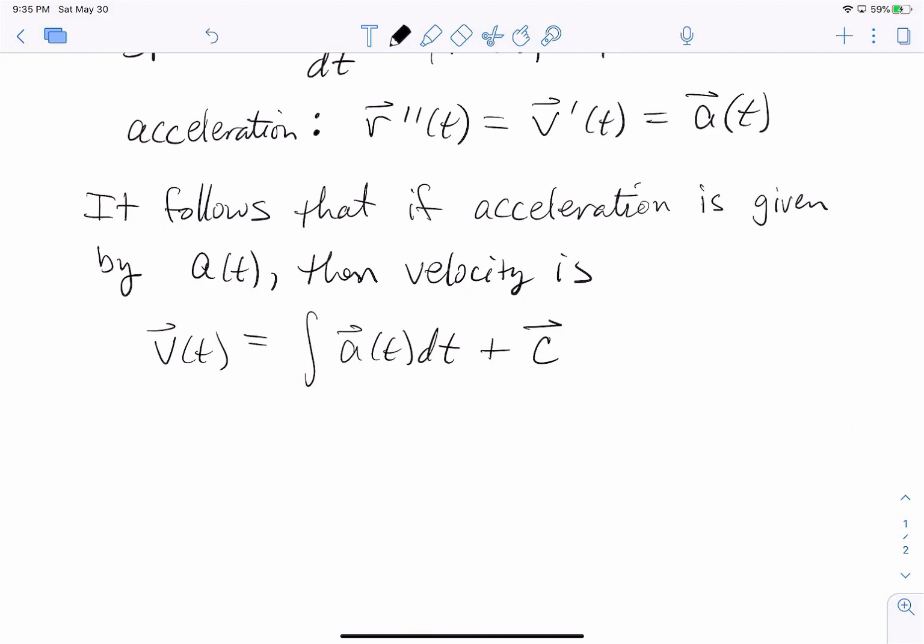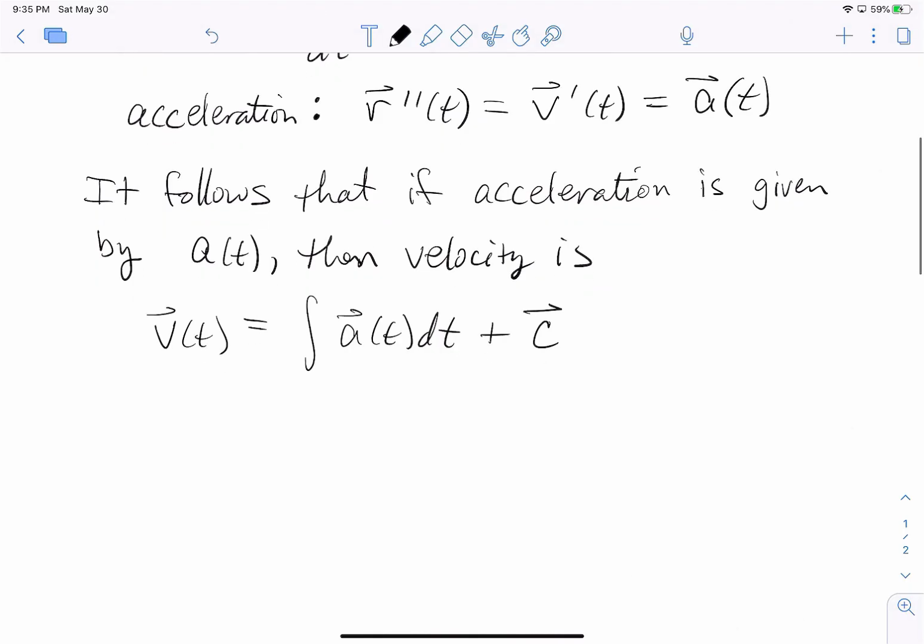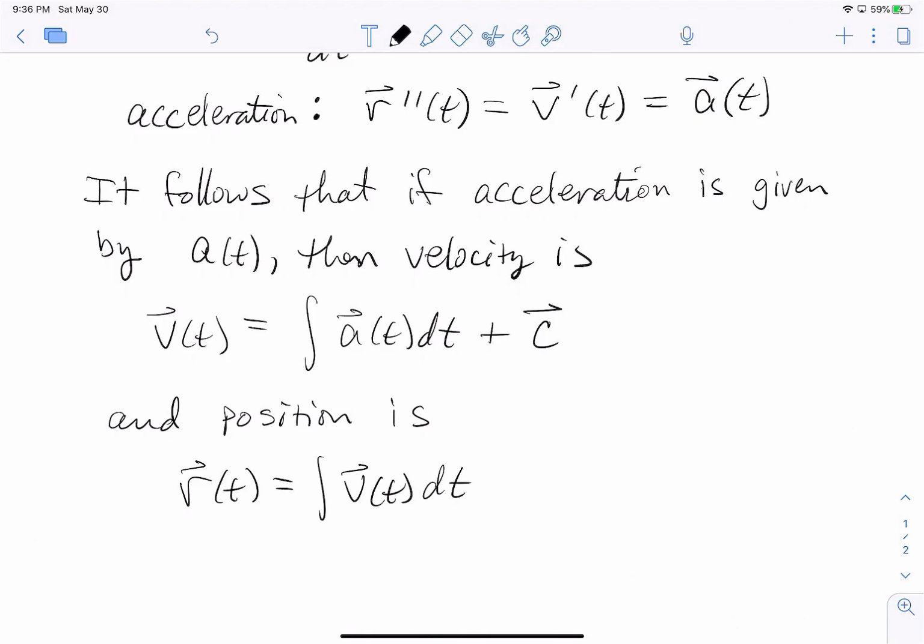We're going to pick up a constant when we find the antiderivative. And position is r of t, which is going to be the integral of v of t dt plus some other constant that we'll pick up.